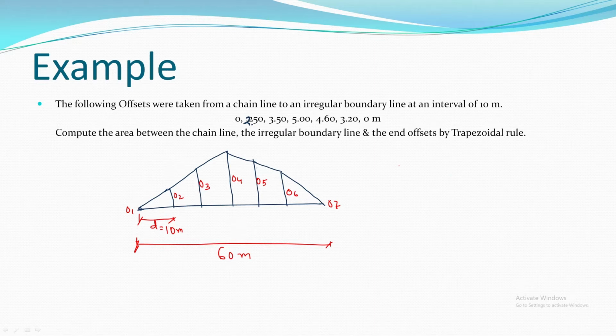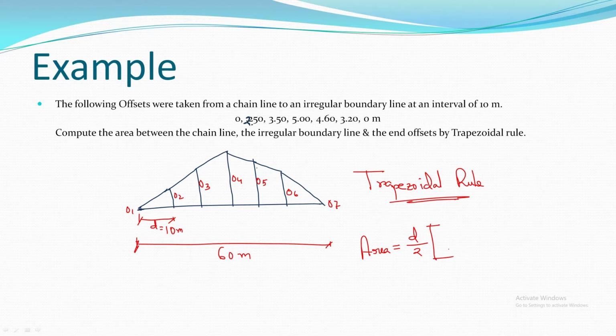Now if we apply the trapezoidal rule, the area will be common distance by 2. So common distance over here is 10. Let's write it like this: D by 2 into first ordinate plus the last ordinate. The first ordinate over here is O1 and the last is O7.